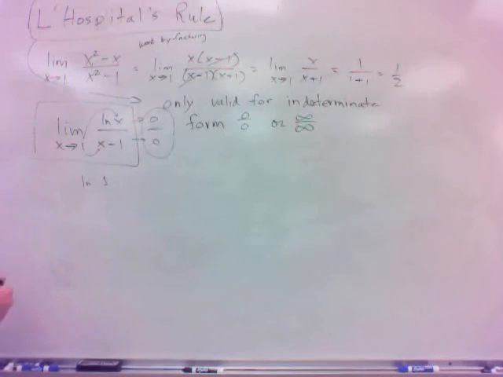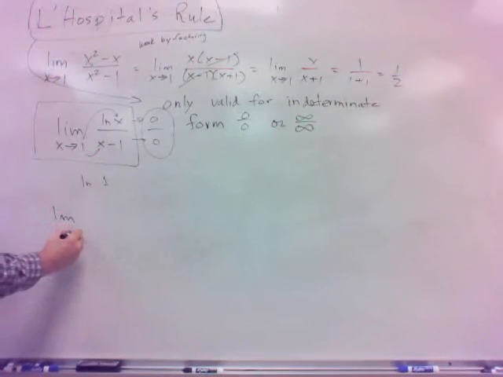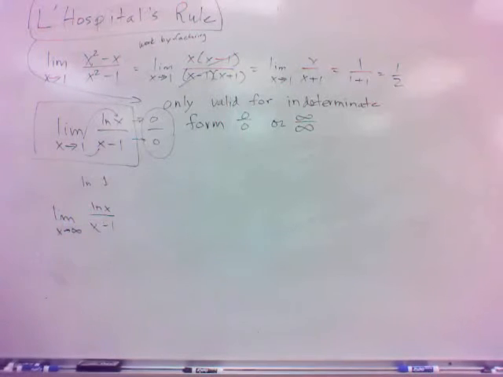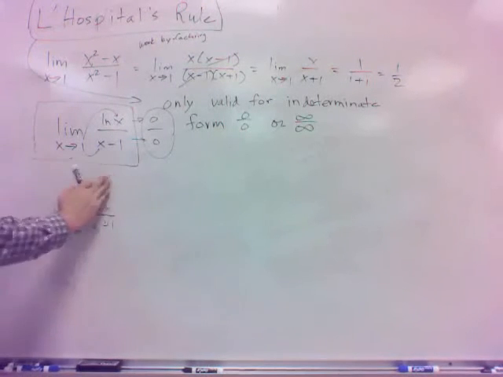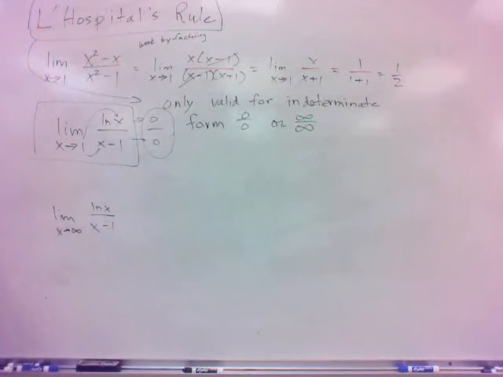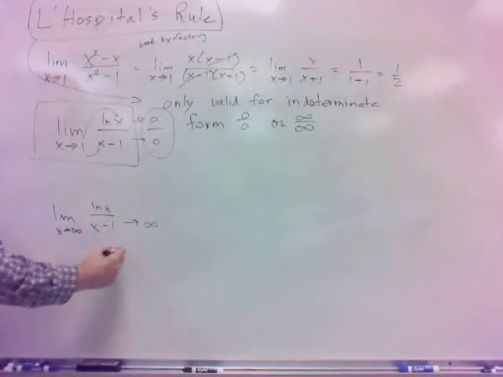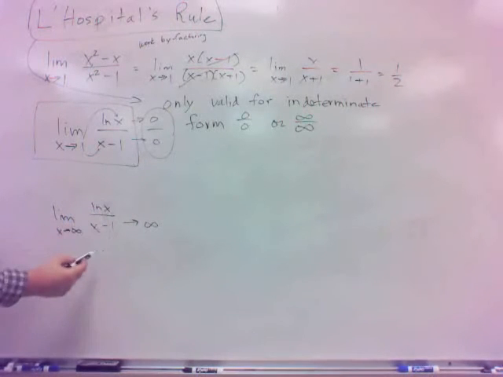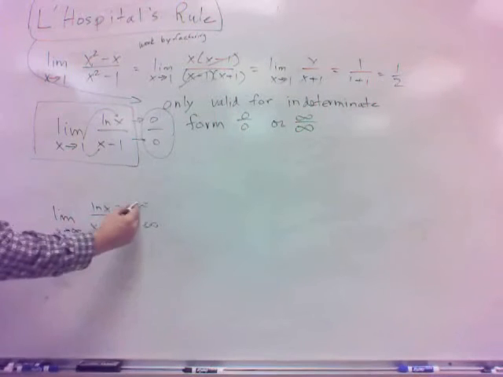An example of infinity over infinity: the limit as x goes to infinity of ln of x over x minus 1. This is an example of infinity over infinity because as x goes to infinity, you have infinity minus 1, that's certainly infinity. The ln, as x grows larger and larger, so does the natural log, so that also goes to infinity.